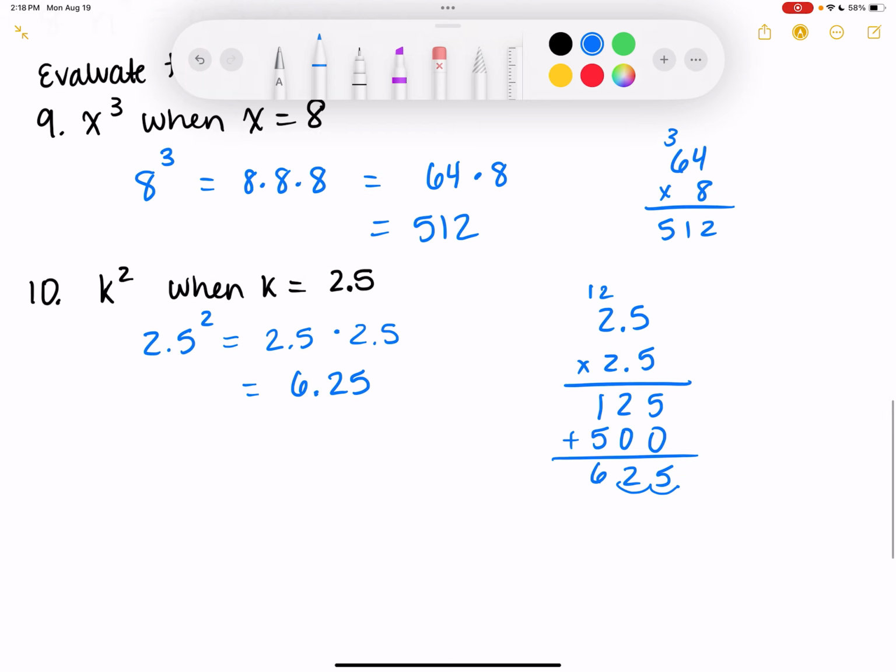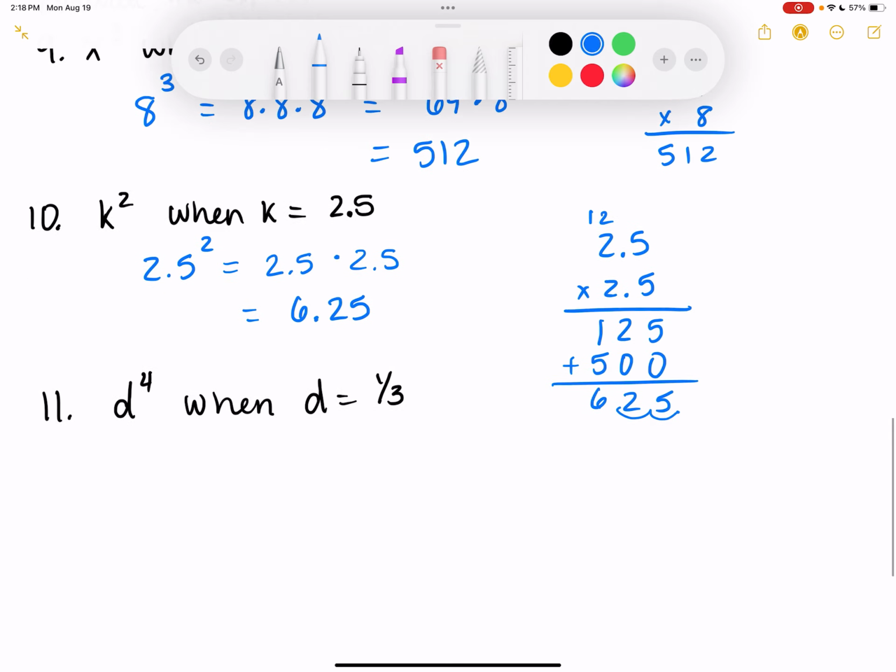All right. 11. I have d raised to the 4th when d is equal to 1/3. With this one, I have 1/3, and I like to put it in parentheses when I have a fraction so that I know the entire thing is being raised to the power and there's no confusion.